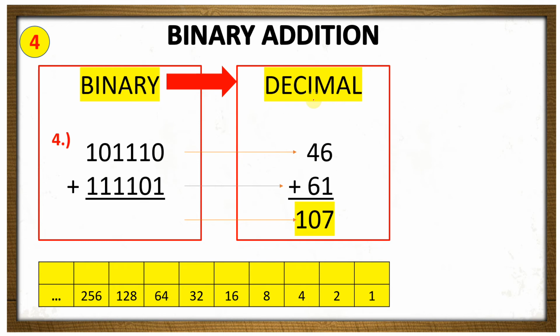Next, number 4, example. Okay, so binary addition, 0 plus 1 is equal to 1. 1 plus 0 is equal to 1. Again, 1 plus 1 is 2.